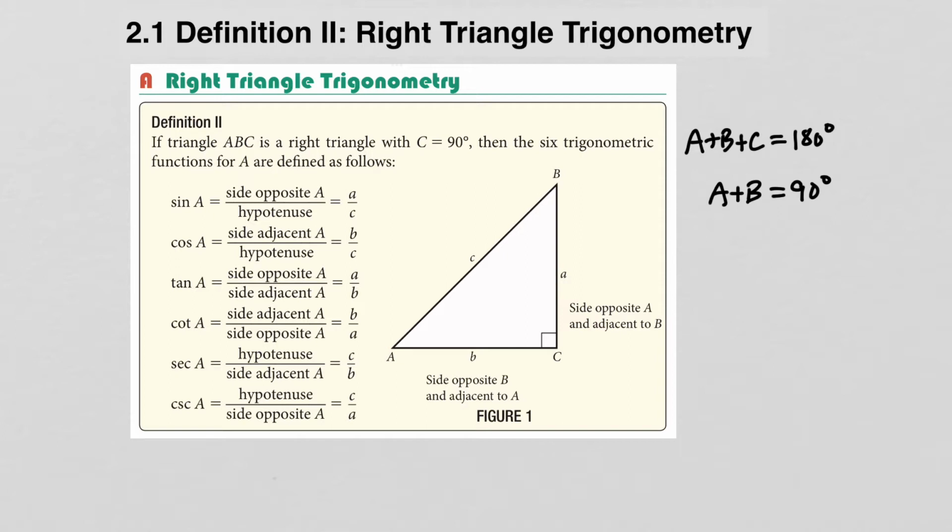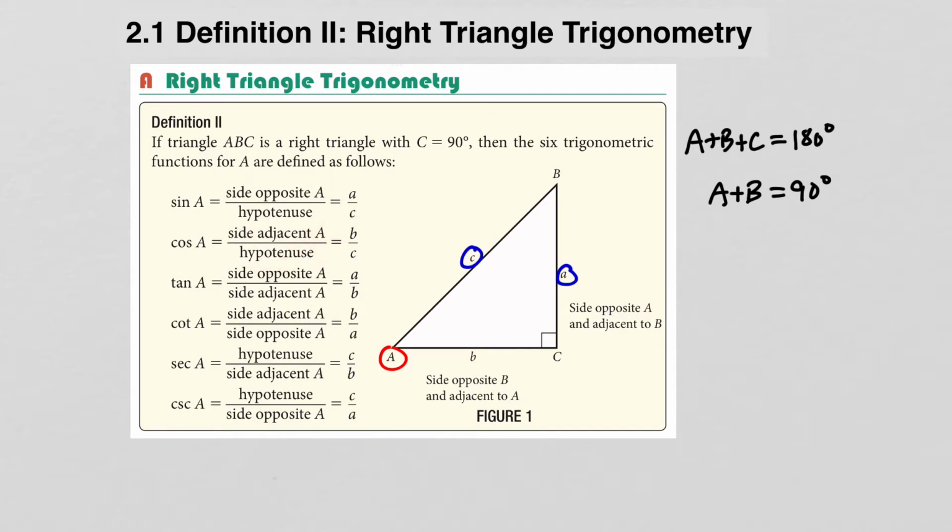So now let's talk about the 6 trigonometric ratios. For angle A, we define the sine of angle A to be the side that is opposite angle A divided by the hypotenuse. In this picture, the side opposite angle A is side A, and the hypotenuse is side C. And so the sine of angle A is A divided by C. The cosine of angle A is defined to be the side adjacent to A divided by the hypotenuse.